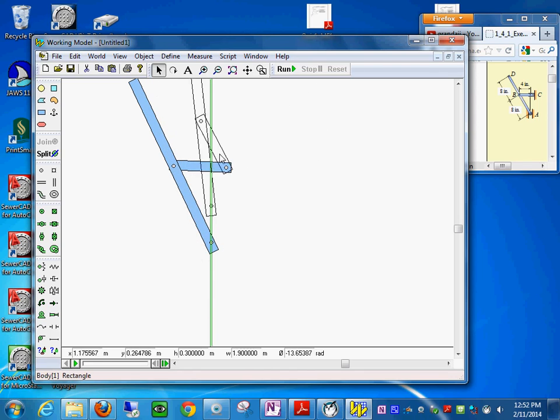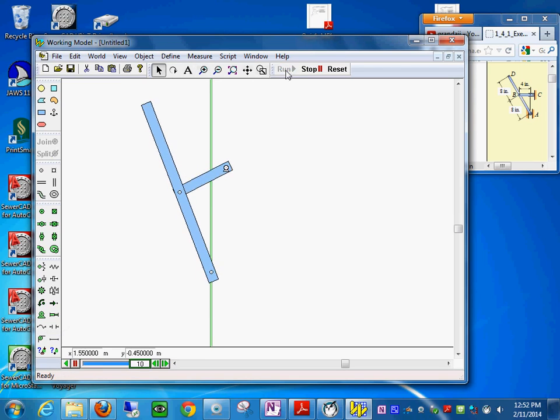Okay, so now we see that the mobility is okay. And to make it work, I would just put a motor in here, like there instead, and this could actually work.